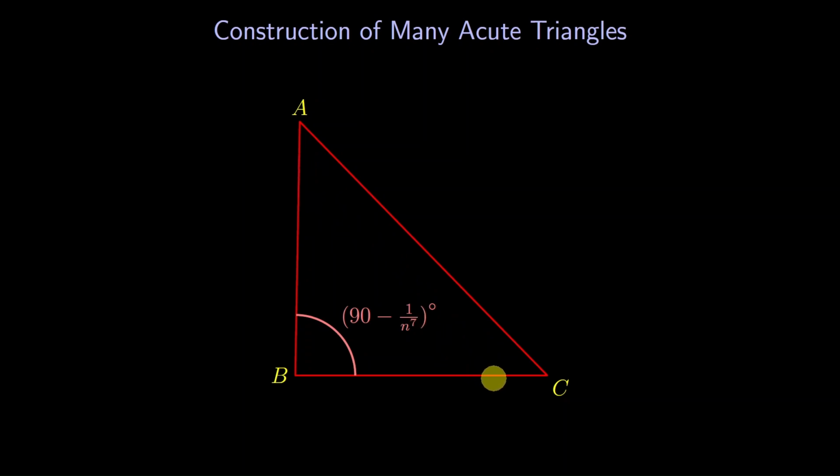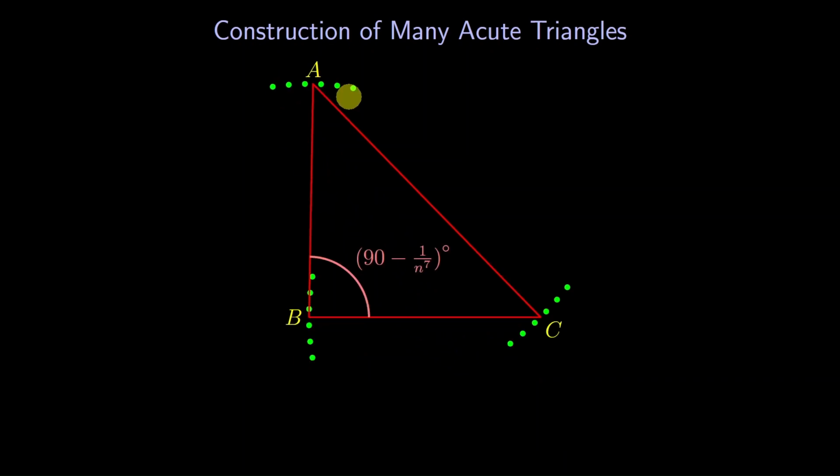We'll place n over 3 points each near A, B, and C. Namely, the n over 3 points near A will be on a little circular arc with center B. The n over 3 points near B will be on a little circular arc with center C. Finally, the n over 3 points near C will be on a little circular arc with center A.